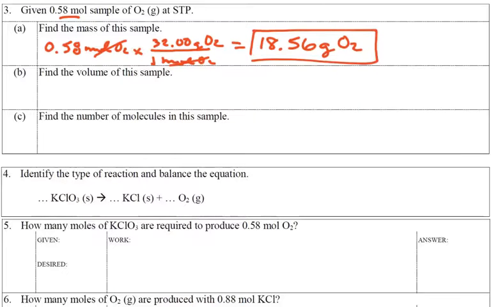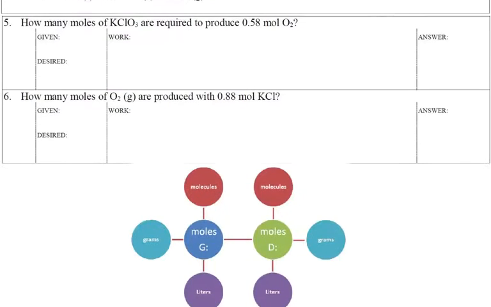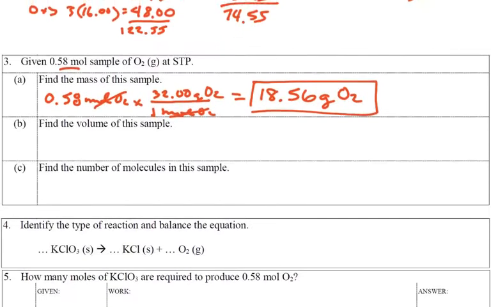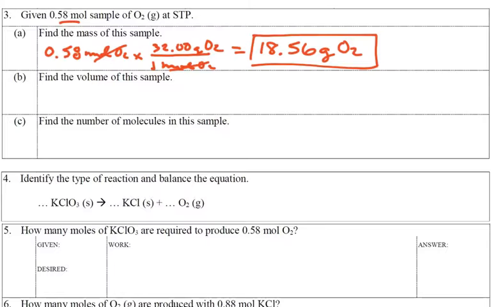Now, if I want to go to volume, volume means liters, and I know that I can use 22.4 liters per mole. It's going to take one conversion factor. So let's go back and do it. Start the same way, 0.58 moles of O2.